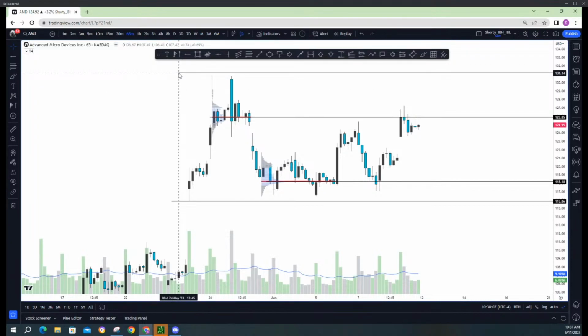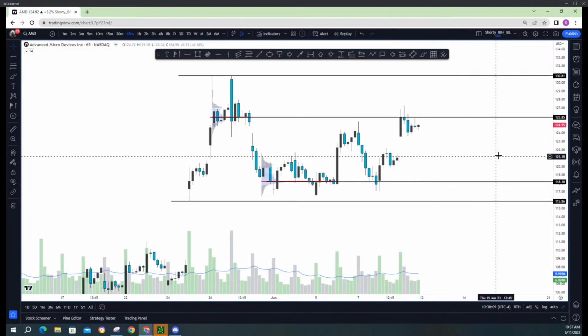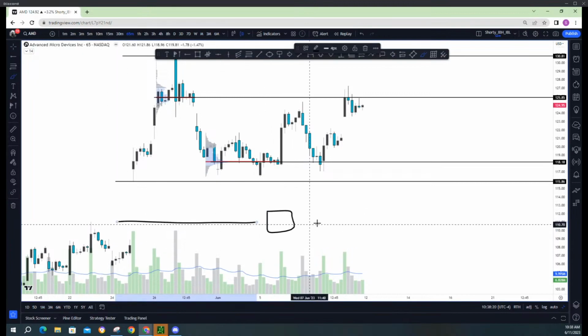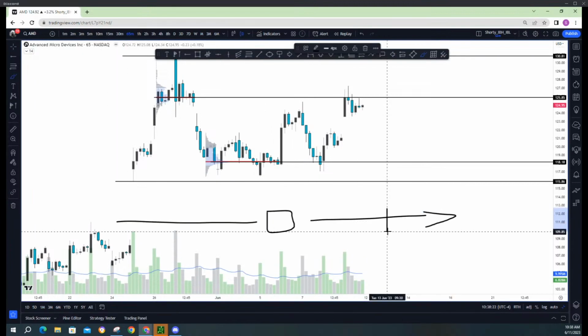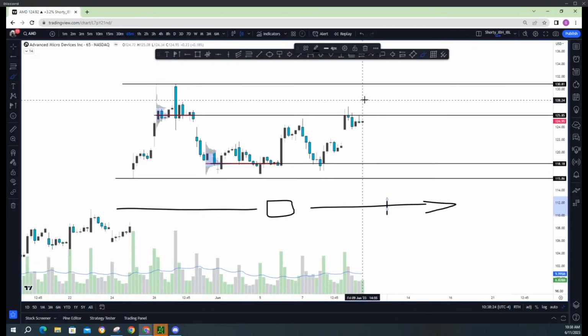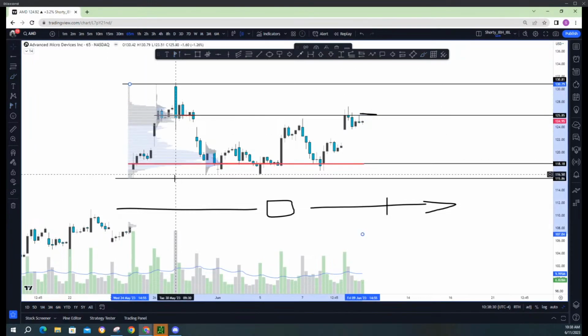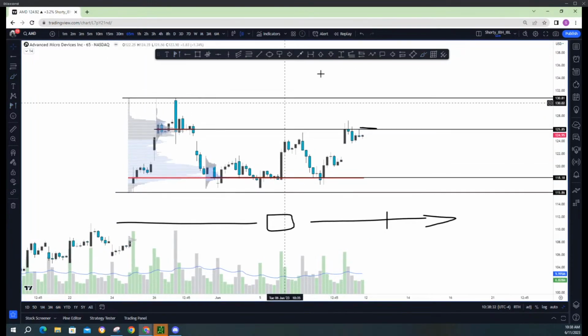You can go top of the range, but I just want to get you guys thinking more about value and trading than anything else. If I'm here, and now we are here, that's what this would represent. This level here, value, if I was to grab from here to here, the value is somewhere around here.